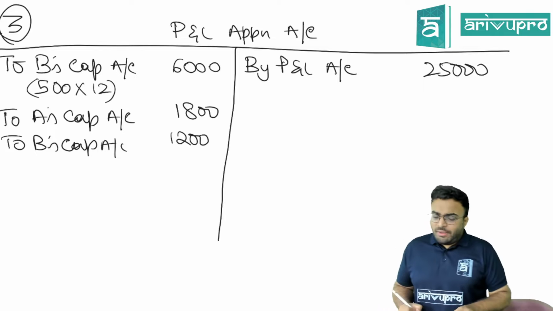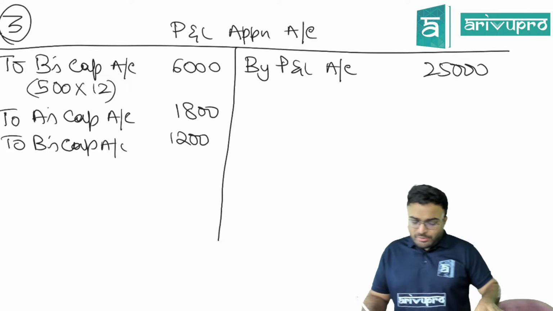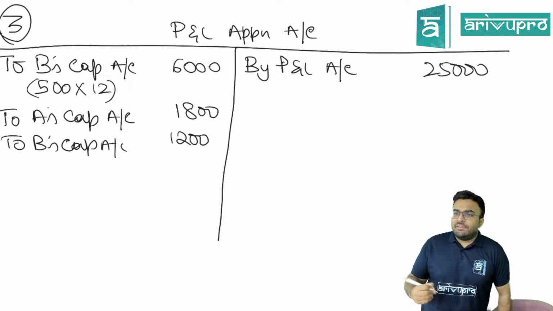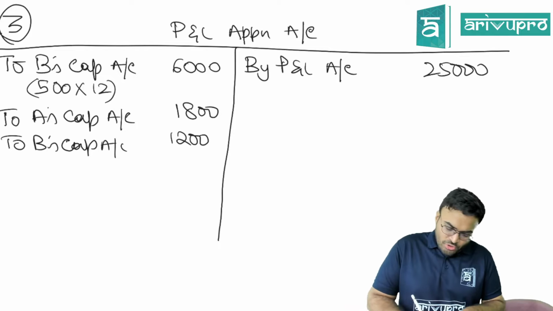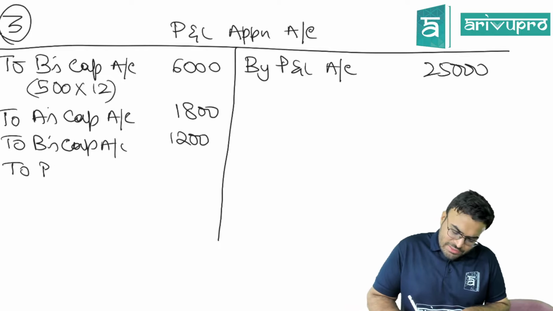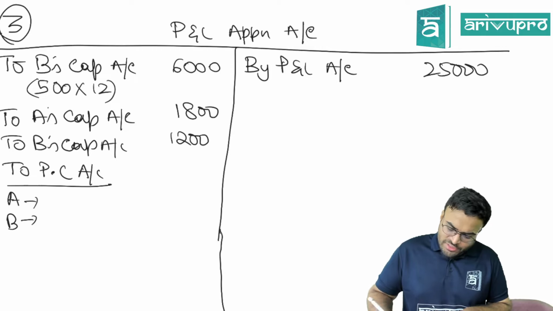Okay. Basics, but we need this as we go further. So let's strengthen the basics. Now after that, profit share, right? So to partners' capital account, you can write the heading and then write A, B. What was the profit that was remaining that we distributed?